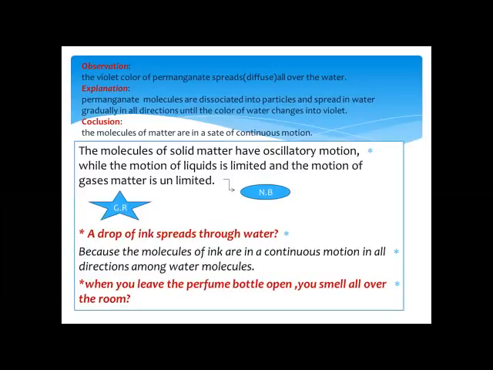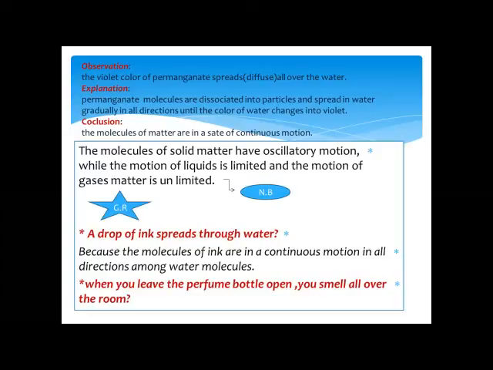So I want to ask you, why does a drop of ink spread through water? Because the molecules of ink are in continuous motion, they don't stop, in all directions among water molecules. These molecules join inside the molecules of water, so they can spread in a state of continuous motion.